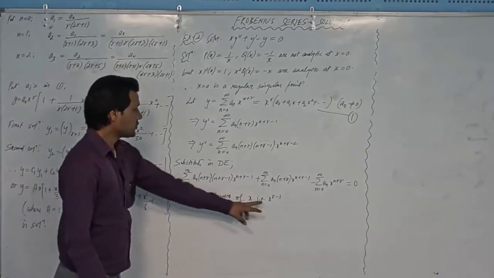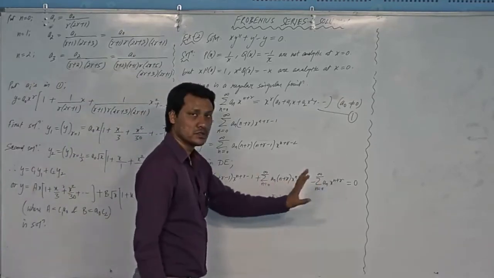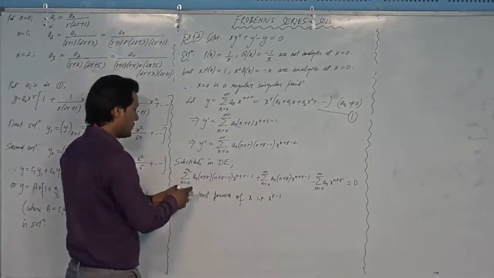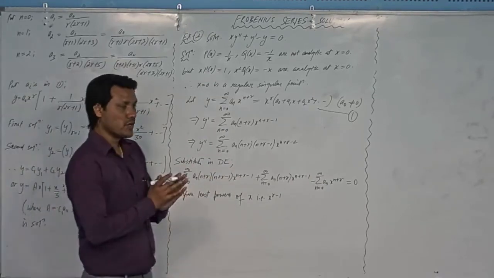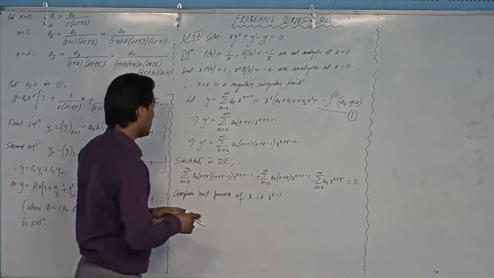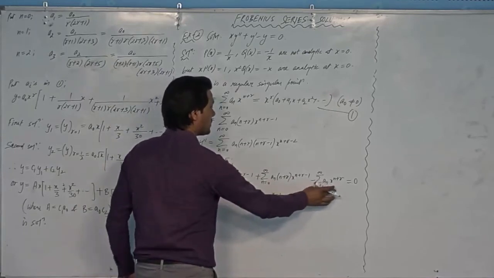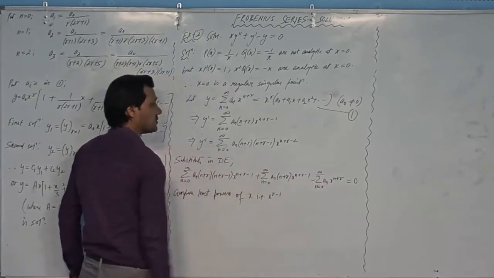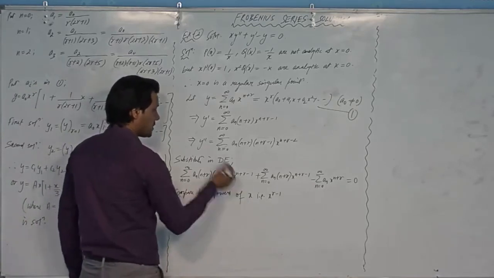As I told earlier, the least power may or may not be obtained from all of the summations. This time only the first two summation terms give the least power. From the third term, you cannot obtain this power. So from here, if you put n = 0, you will get x to the power r - 1.